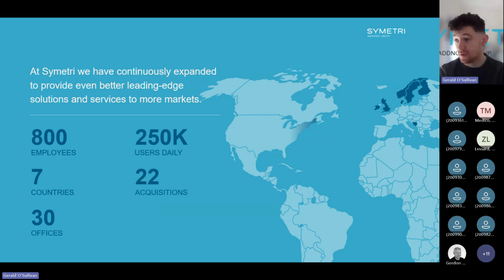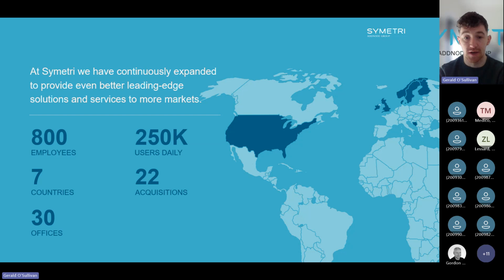Over the number of years, Symmetry have constantly expanded. They started in the UK and we merged with Symmetry maybe 3 years ago. We used to be ProCAD, now we're Symmetry, and we also have some offices over in the US. We have over 800 employees in 7 different countries and 30 different offices throughout the world, with over 250,000 users, whether it be Revit or ACC or anything on the manufacturing side.